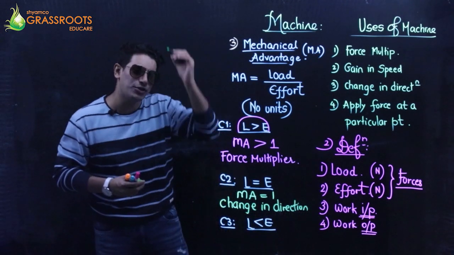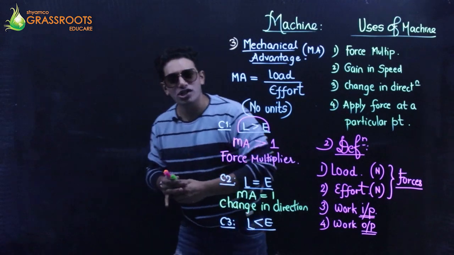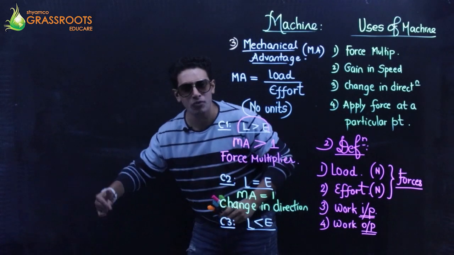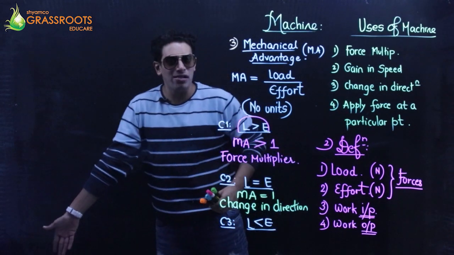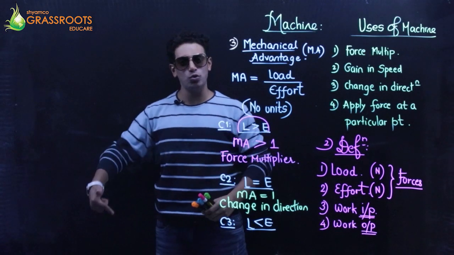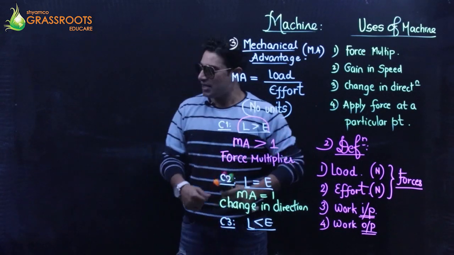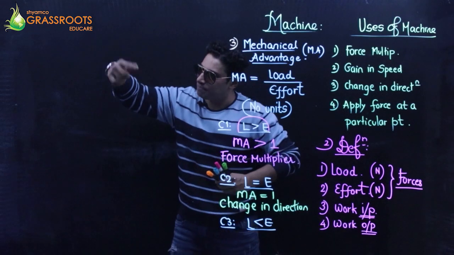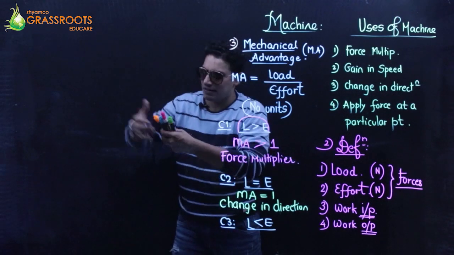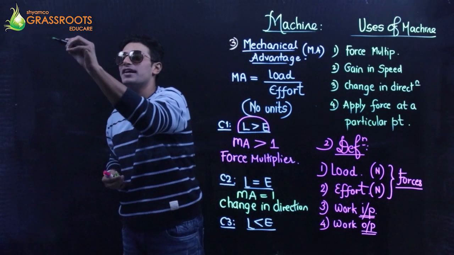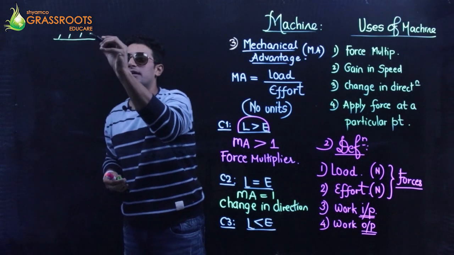Simple. I went to the village. What I did was, there was a bucket, a well, and a rope tied to the handle of the bucket. There was a pulley out here. Let's draw it, guys.